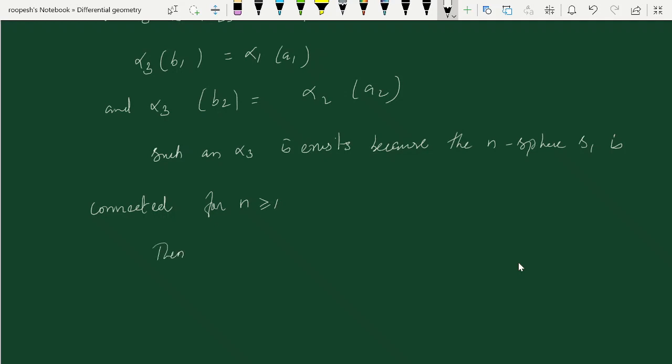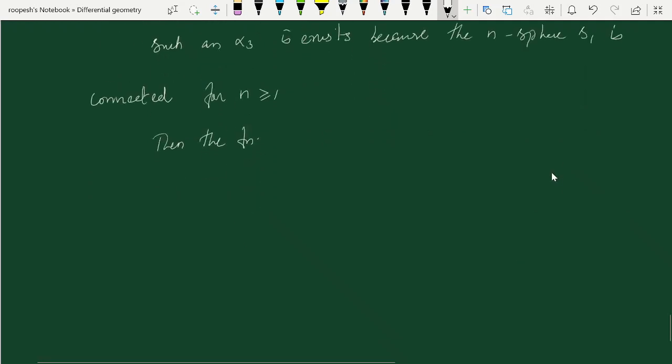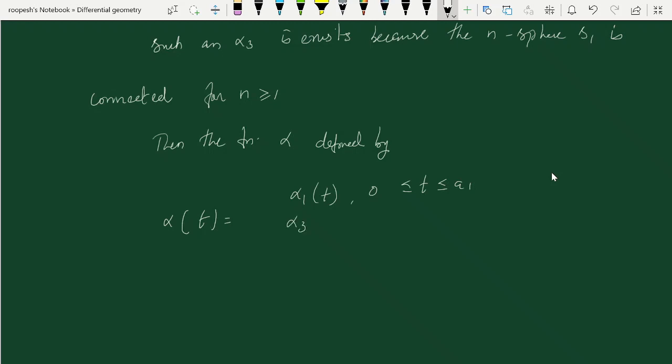Then the function we are defining as alpha is defined by alpha of t equal to alpha 1 of t, where 0 less than or equal to t less than or equal to a1, and this equals alpha 3 of t plus b1 minus a1, where a1 less than or equal to t less than or equal to a1 plus b2 minus b1.